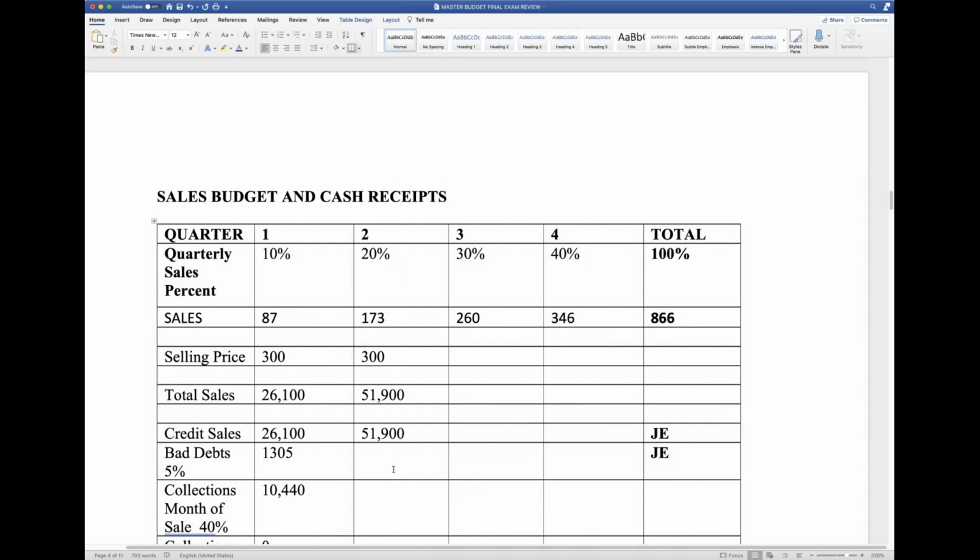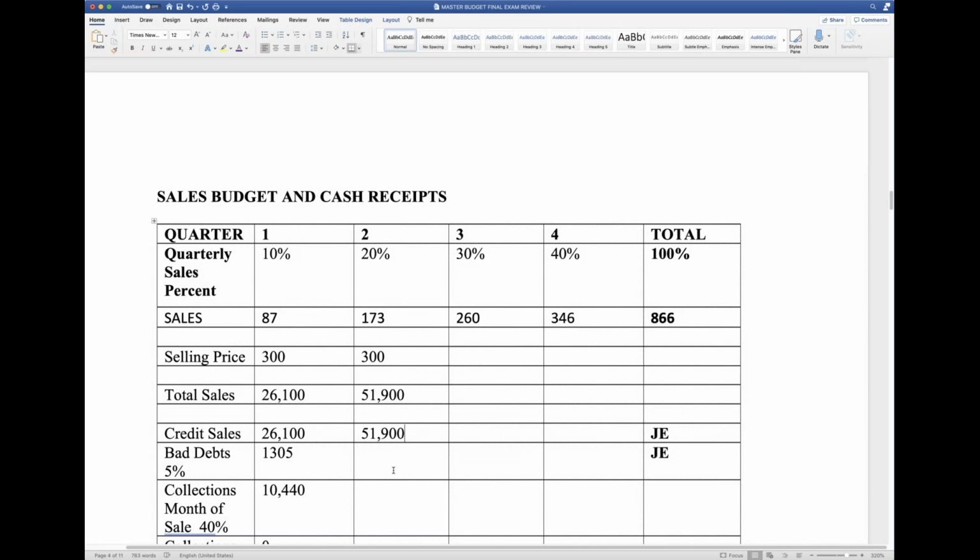And then I do 5% of the, is it the 2,600? I can't remember. I mean, the 26,100. That's why we got you doing it. I think it is.